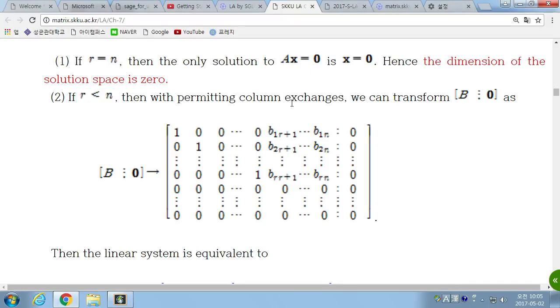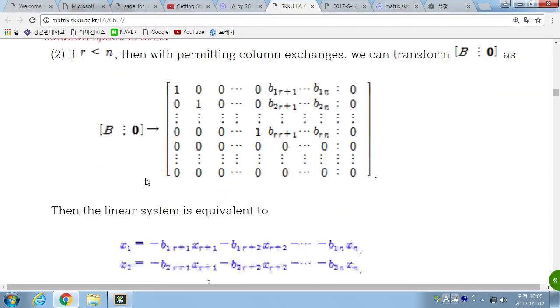Without loss of generality, we can have a matrix form like this, with the leading ones all here and the free variables here.